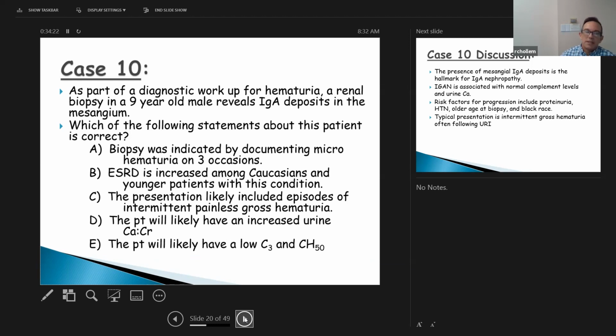So this is what disease? Yeah, I mean, there's only one disease that can give you IgA deposits in the mesangium, and that's IgA nephropathy, or HSP, which is IgA nephropathy. Yes, see? Good.